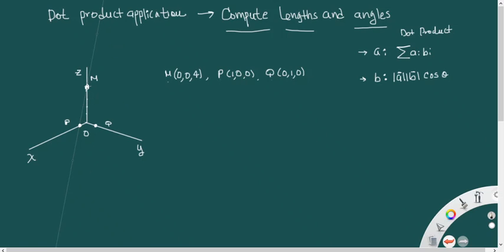You can connect point M with point P. Let's connect point M with point Q, and finally let's connect point P and point Q. Okay, that's it. So these 3 points form a plane.